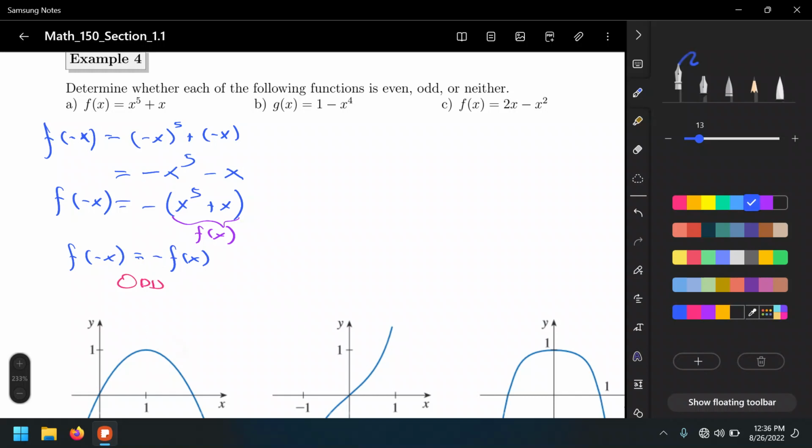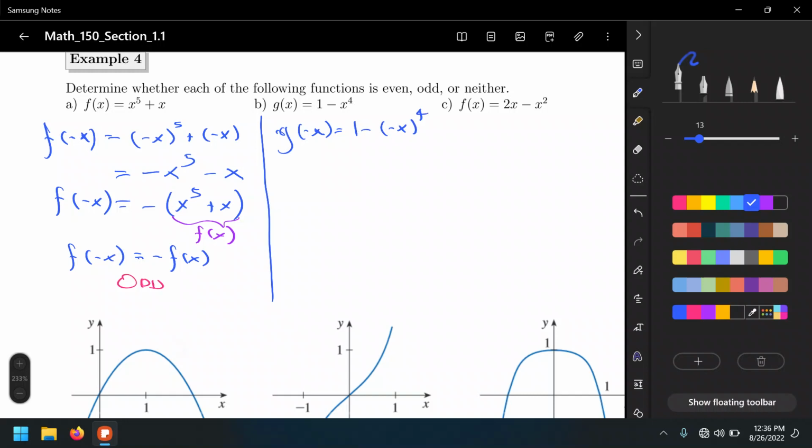Okay, let's do the next example. g of x equals 1 minus x to the 4th power. We do the same: g evaluated at negative x. That means we will replace every instance of x with negative x. So negative x to the 4th power, what is that going to become?